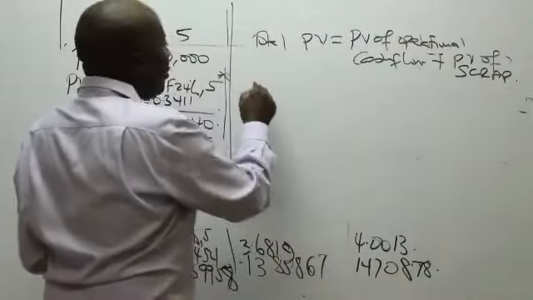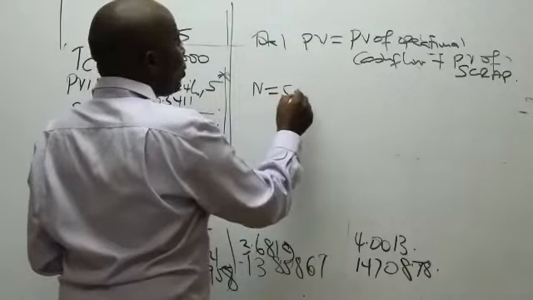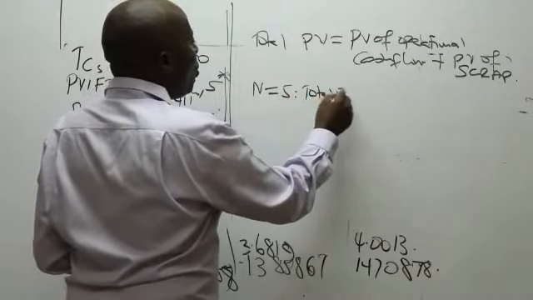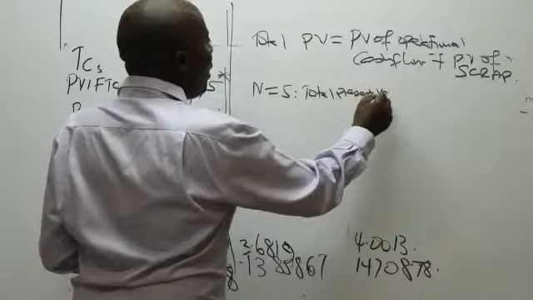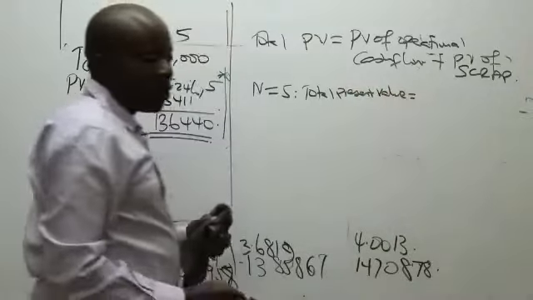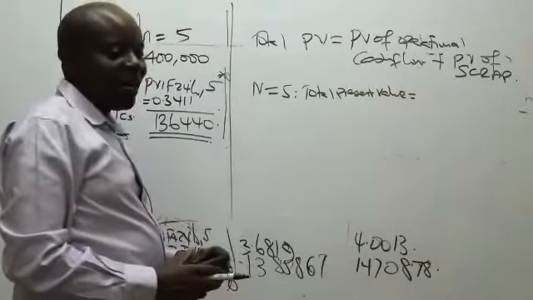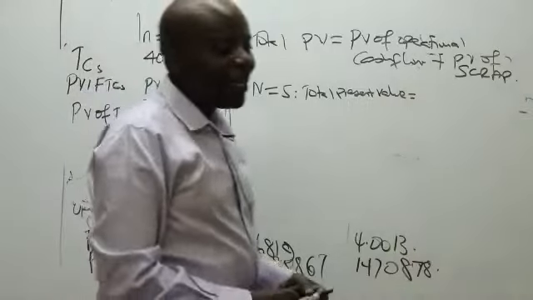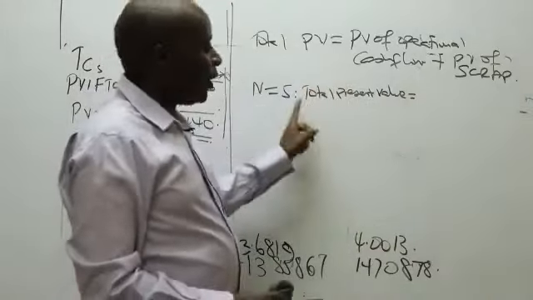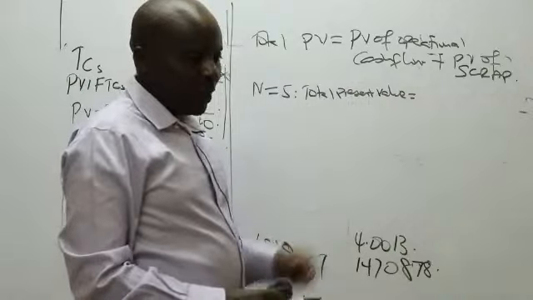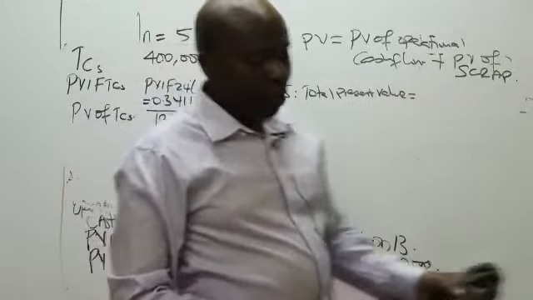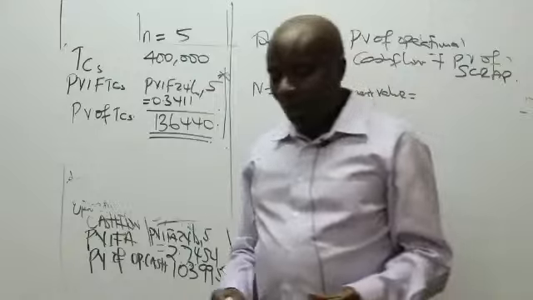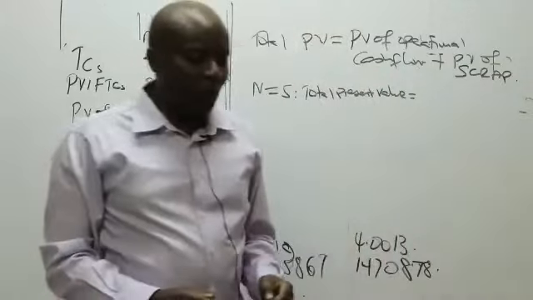Starting with N equals 5, what will be the total present value when N equals 5, somebody?